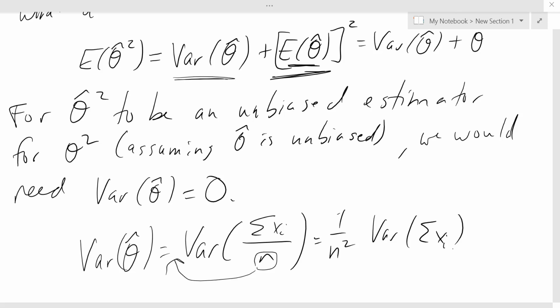So what can you do with variance over independent variables? Just add them up, right? Break it up over the sum. So this will be 1 over n squared, sum of the variance of x of i.